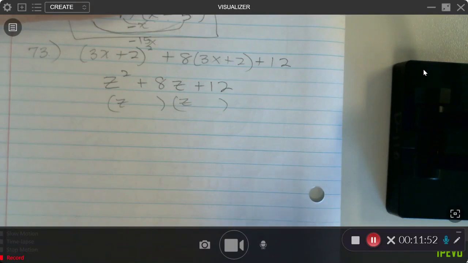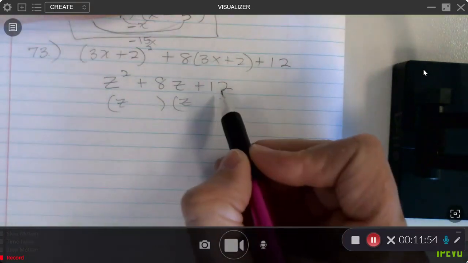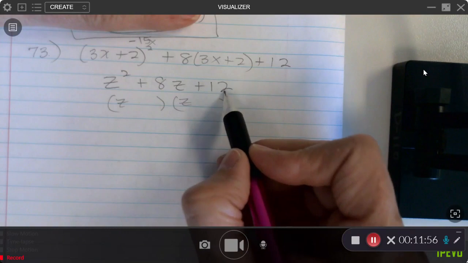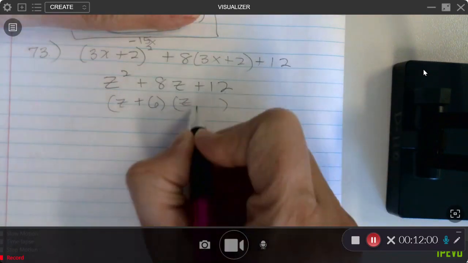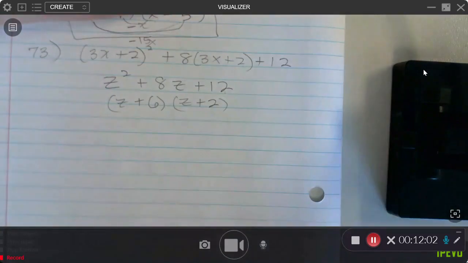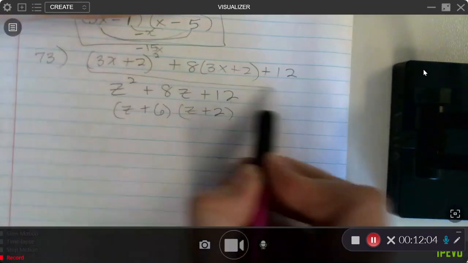What do we ask ourselves? What 2 numbers multiply to get 12 and add to get us 8? 6 and 2, plus 6, plus 2, done, right? This problem is no different.